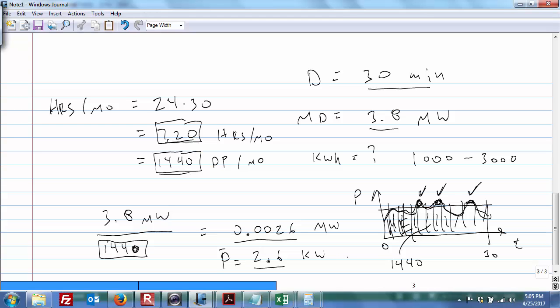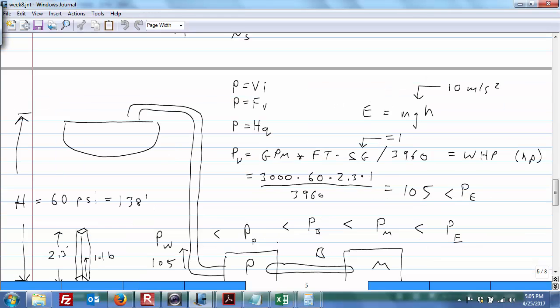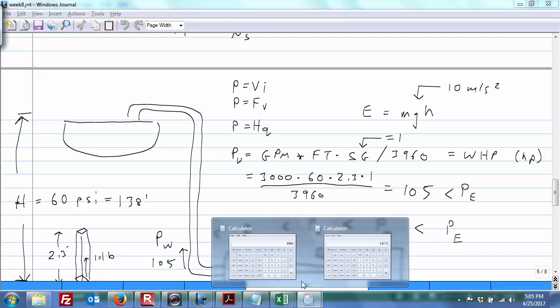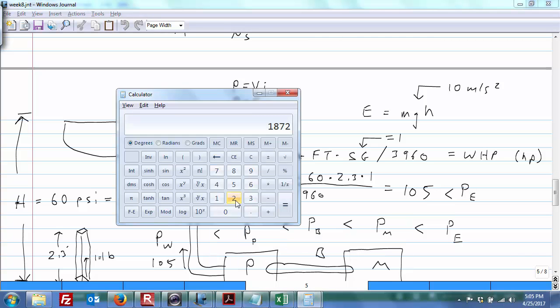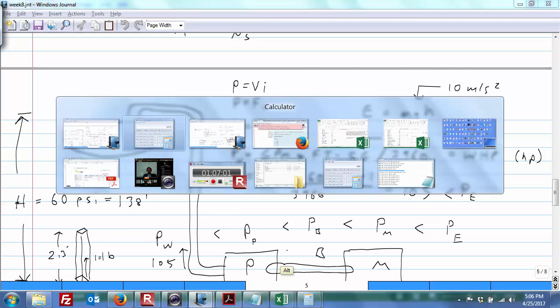You know, that's a small business or a large house, 2.6 kilowatts. Now, if we multiply power by time, so there's 720 hours per month, so 2.6 times 720 equals 1872. Boom.